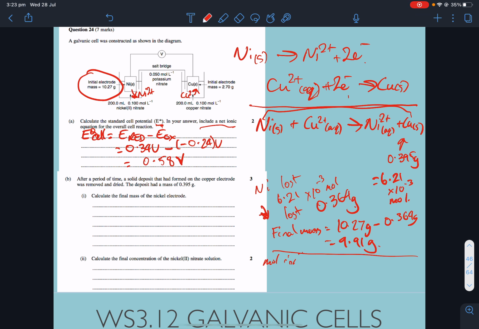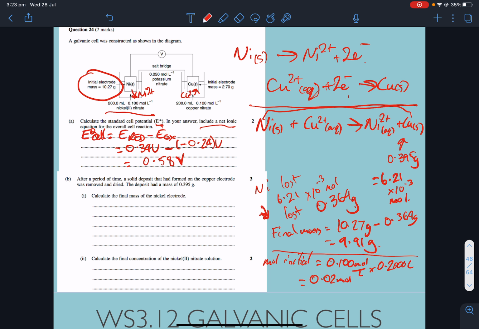Gonna run out of room, aren't I? And it's messy, I'm sorry. Our moles of nickel nitrate is 0.100 mole per litre times our volume in litres, 0.2000 litres. 0.1 times 0.2, 0.02, isn't it? 0.02 mole.